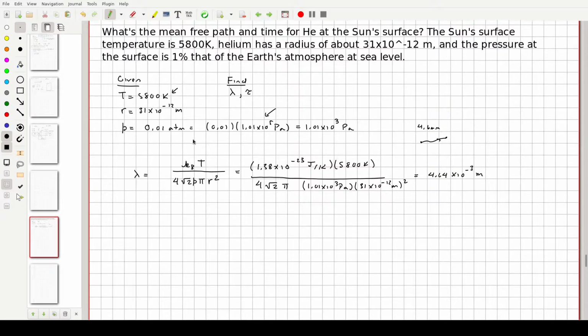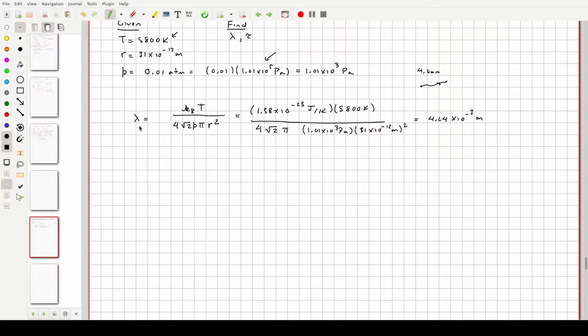Now, really, the difference between the distance and the time equation is a factor of VRMS in the denominator. And VRMS comes from this. Okay, so remember, this is VRMS.